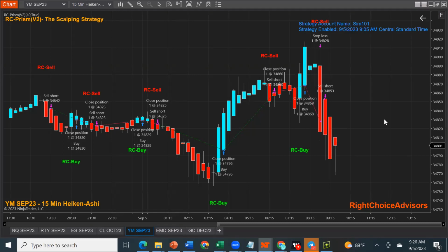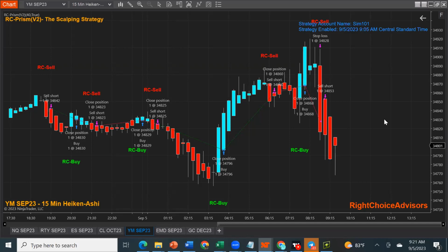Also, yesterday I was testing some Prism, and what I noticed is when the market is not moving more than 4 to 5 points, it keeps changing the direction. It keeps closing its position, reversing it, and then again closing it and reversing it.